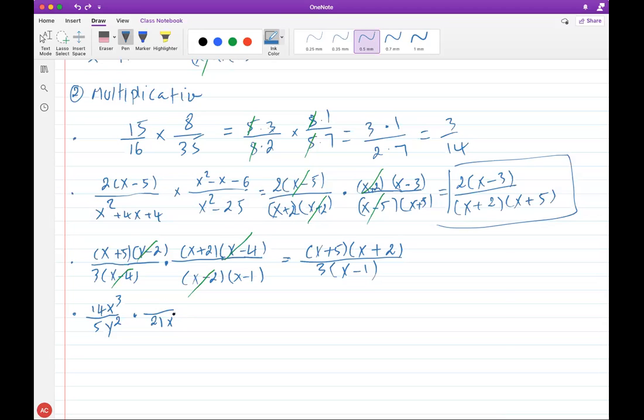Actually, let's bring this 5. Same idea here. We want to multiply these two. These are even smaller than the previous ones. So what do you think happens first?